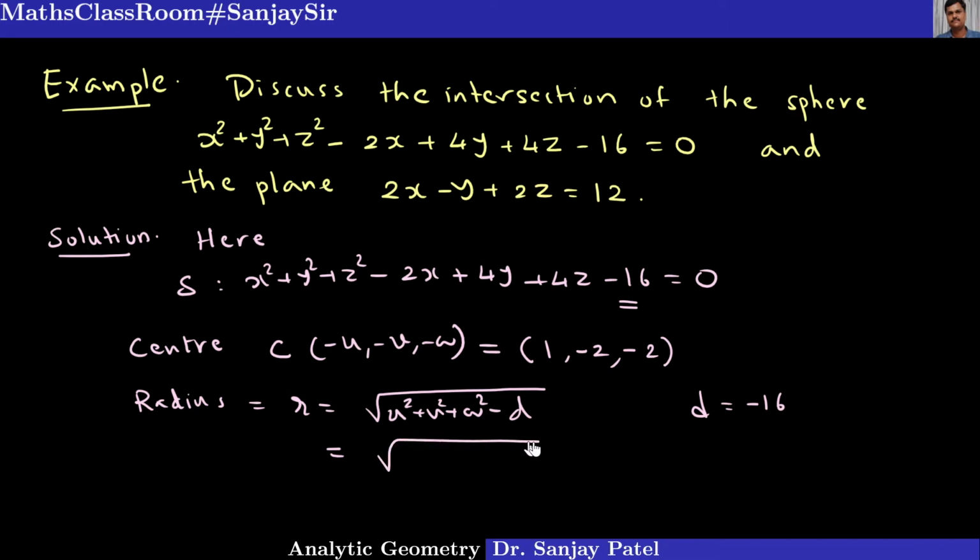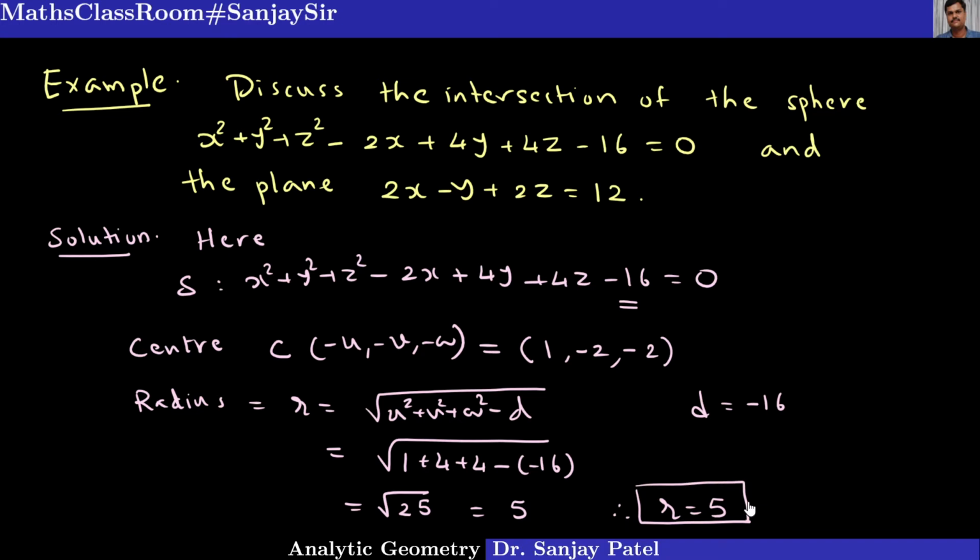So this will give you 1 plus 4 plus 4 minus 16, so it is 9 plus 16, which is 25. So square root of 25 is 5. So the radius of the sphere is 5.